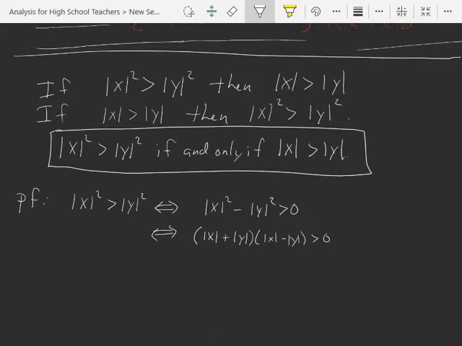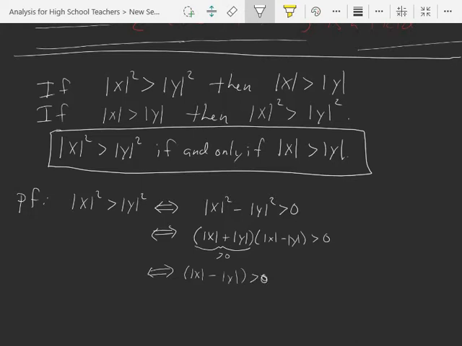Now I've got the product of two things, and it's bigger than 0, and this side's definitely bigger than 0 because it's the sum of two positive things, right? We don't know about this one yet, but this guy is definitely bigger than 0. So this is true. I multiply by something positive and get something bigger than 0. The second thing had to be bigger than 0. So x minus y in absolute values each is bigger than 0.